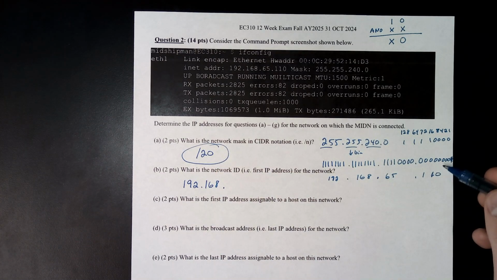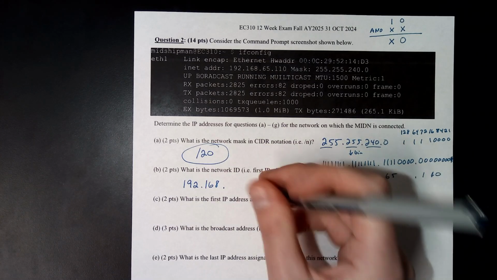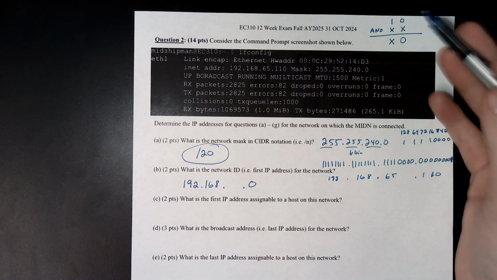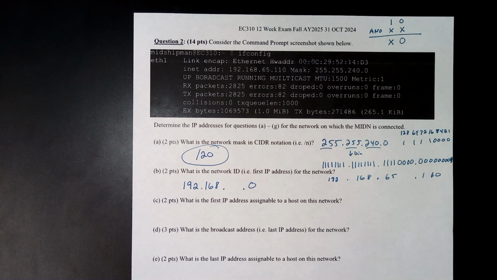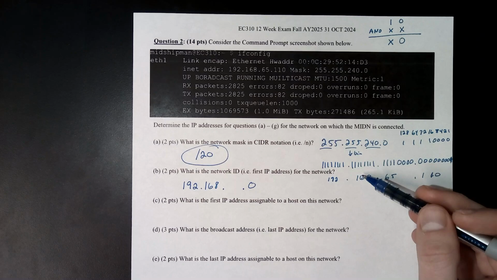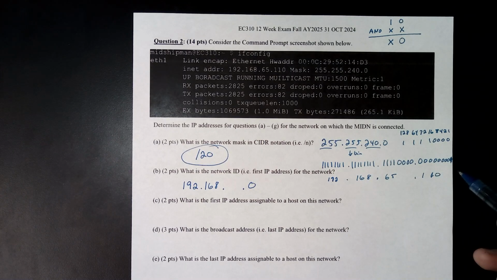We know it's going to finish with zeros because that's ANDed with all zeros, and 0 ANDed with anything becomes 0. So we're going to keep the first 2 because those are lined up with all ones in the mask, and we're going to get rid of the last one because it's lined up with all zeros.